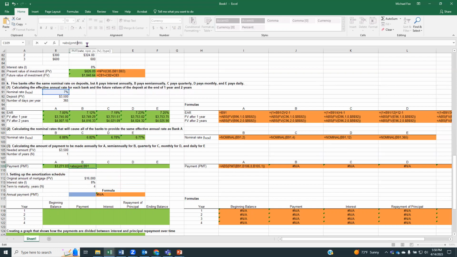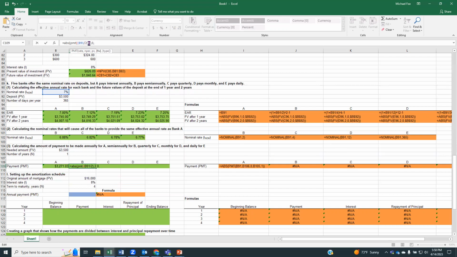So I'm going to put that in parentheses, because we're not paying 7% per year, we're paying half of 7% per year. Number of periods is going to be 2 because it's semi-annual. Present value will be 0.